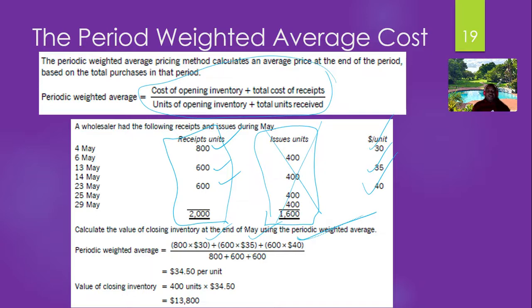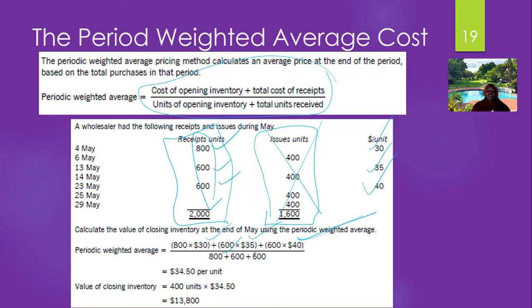And you then have to divide by the units of opening inventory if there are any. In this case, there was no opening inventory, so you just ignore it, but you have to consider the units which were actually received or purchased. We are told these are the units, as you can see there.